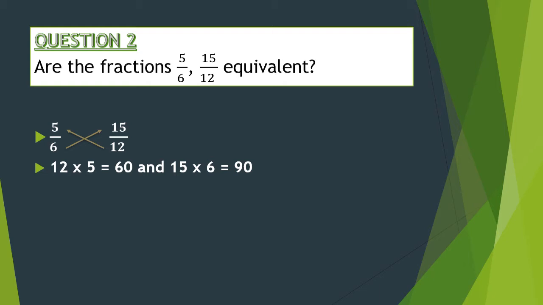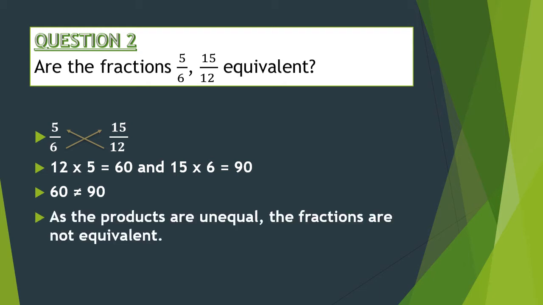So here you can see when 12 is multiplied by 5, we get 60, and when 15 is multiplied by 6, we get 90. So 60 is not equal to 90, therefore the products are unequal. So the fractions are not equivalent. This is the first method to find out whether the given fractions are equivalent or not.